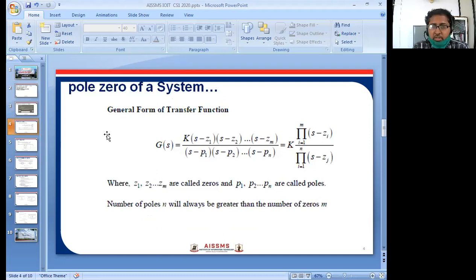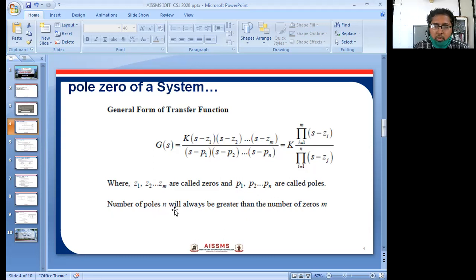Generally, the transfer function is defined like this, where these are termed the poles and these are termed the zeros, and K is the gain of the system. Here z1, z2 represent all the zeros, and p1, p2 are all the poles.